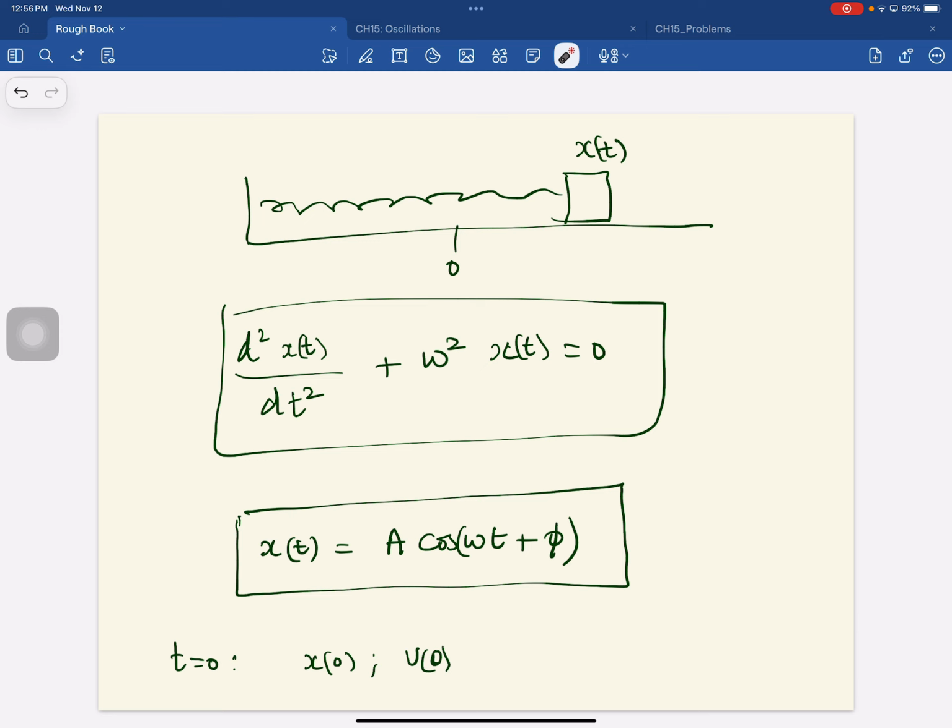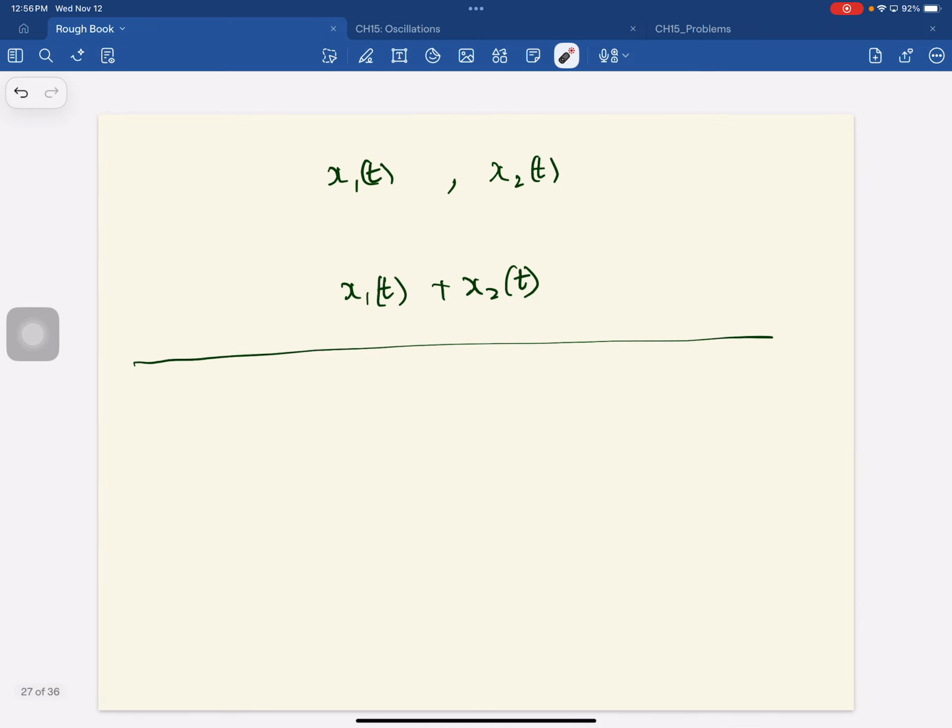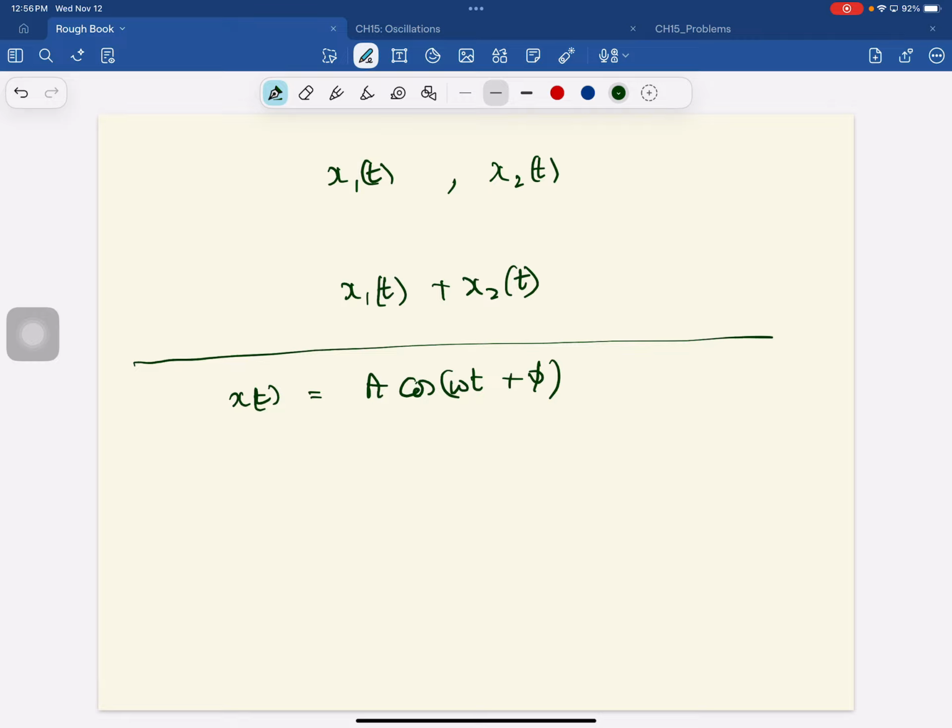All right, let's do this just for giggles, okay? So I said that x(t) equal to A cosine(omega t plus phi) is a solution. Well, let's do like our friend said, like David here said, take the derivative of that. Derivative of cosine is what? Negative sine.